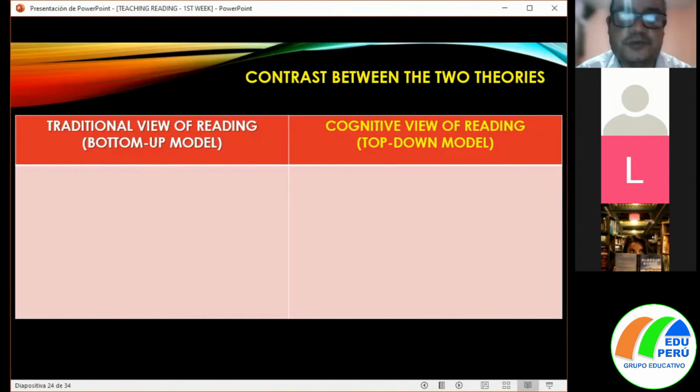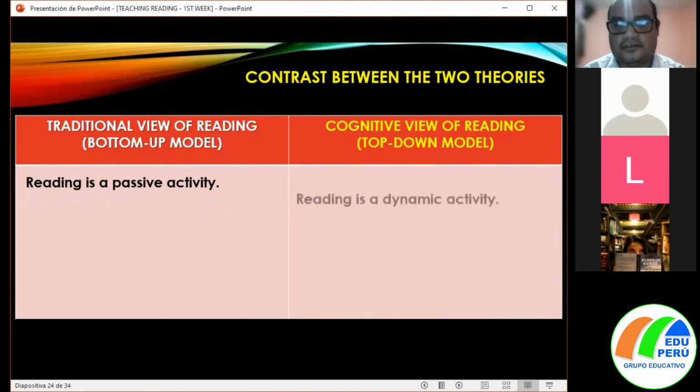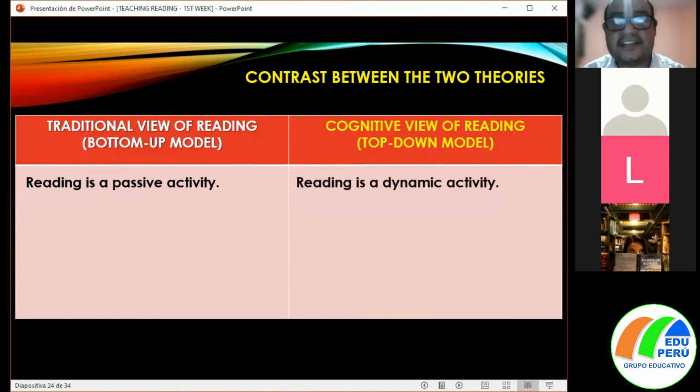Related to these theories, we have some models. The models of reading are the bottom-up model and the top-down model. Remember, traditional reading is a passive activity. Cognitive reading is a dynamic activity.